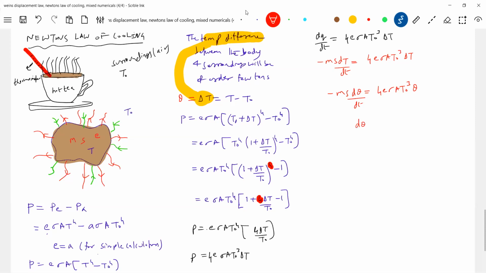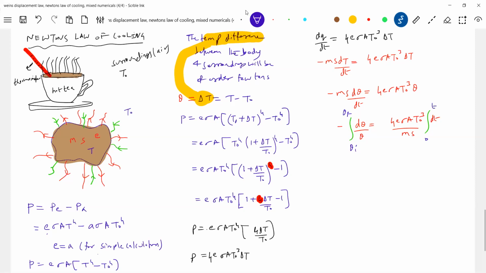So this will become d theta by theta equal to minus 4 E sigma A by m s into dt. Let me integrate this. What should be the limits? Theta is a temperature difference. So the initial temperature difference, let it be theta I, and the final temperature difference, let it be theta F, after time t.